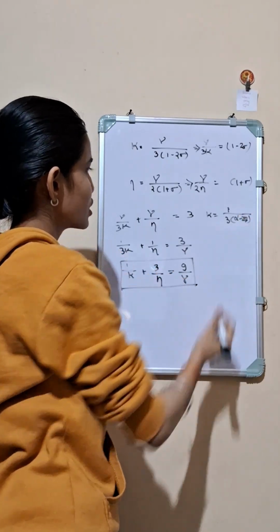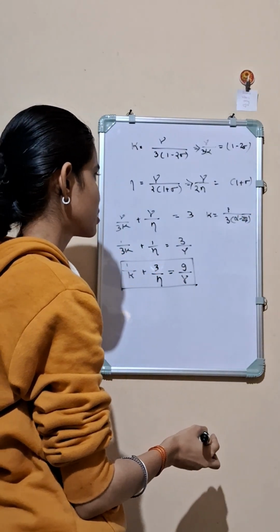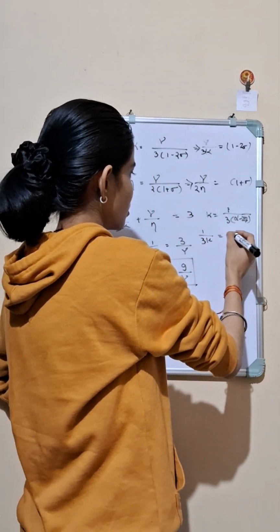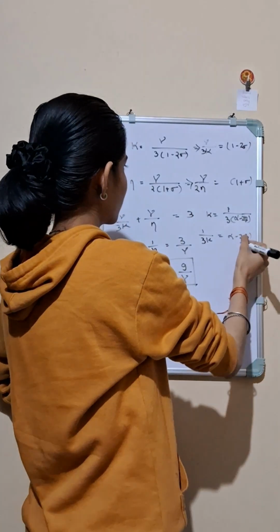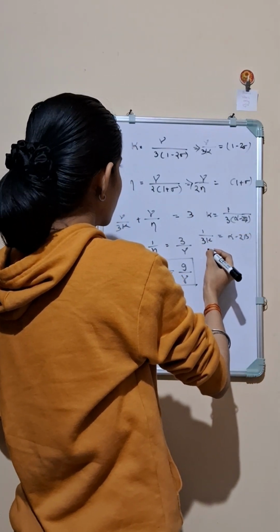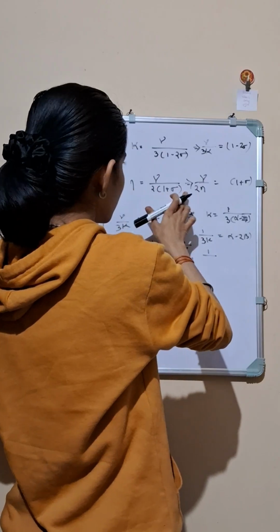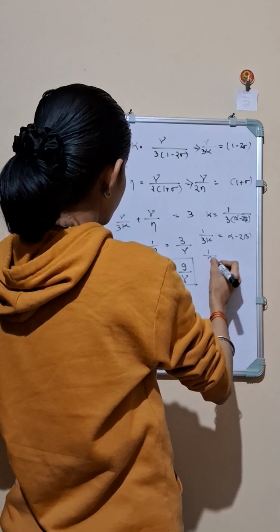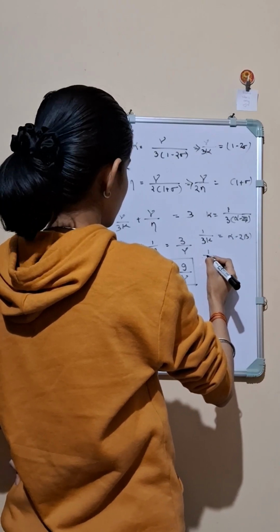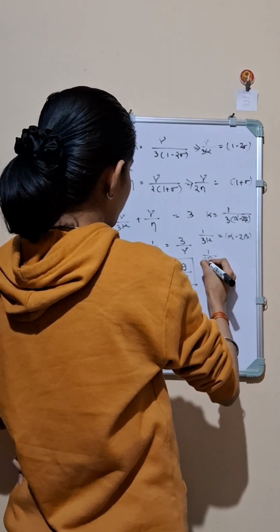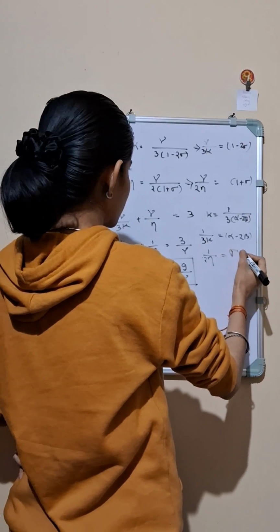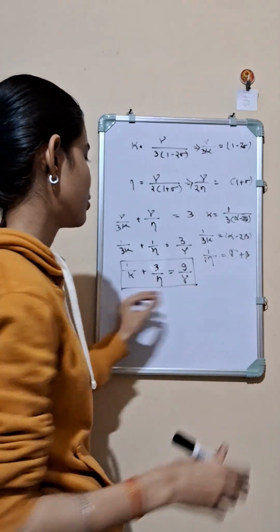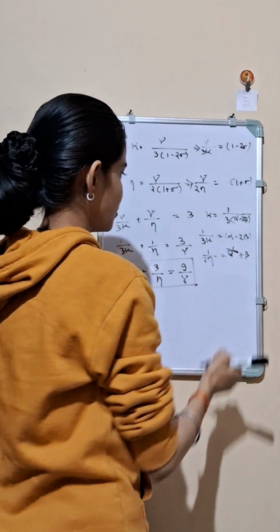You can use this equation and do a similar process, where you will get 1 by 3k equals alpha minus 2 beta, and another equation will be 1 by 2 eta equals alpha plus beta.